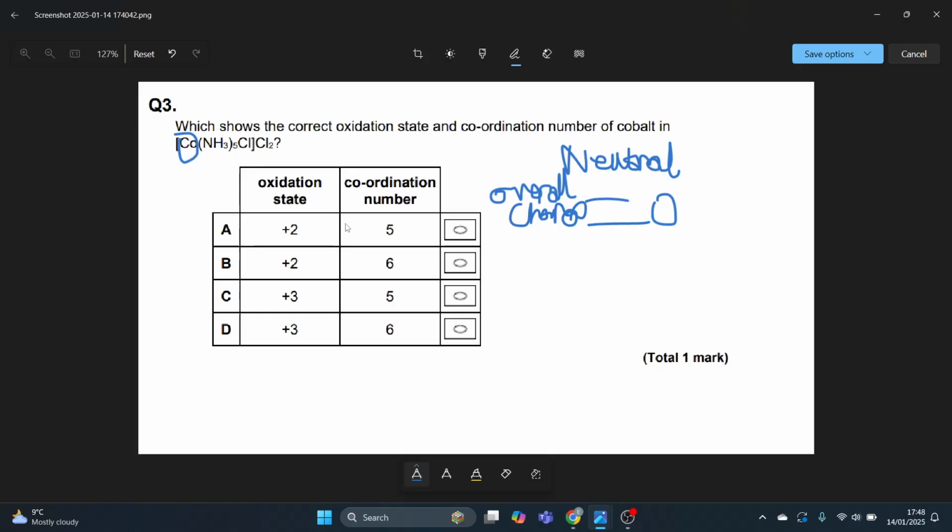But first, let's just work one at a time. So NH3, well, that's going to be neutral, and therefore that's just going to be 0. So we'll say let Co equal Y. So I've got Y plus 0 plus, well, chlorine, that's -1. And what is that equal to?